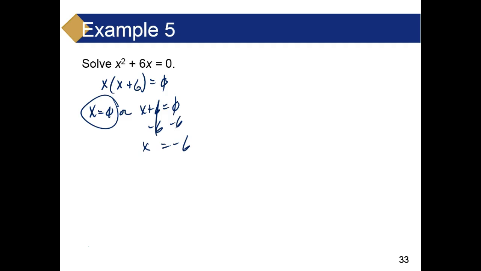Negative 6 squared is 36, plus 6 times negative 6 is negative 36. 36 minus 36 is 0. I would say bingo, but you can't do that in California, in Alabama. I'm just kidding. Both of them work. Both of those are solutions. Those are your 2 solutions.